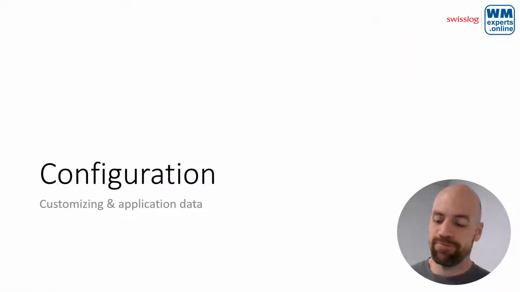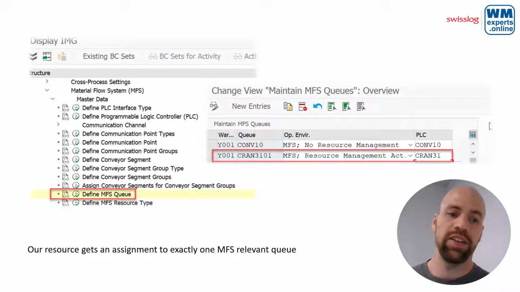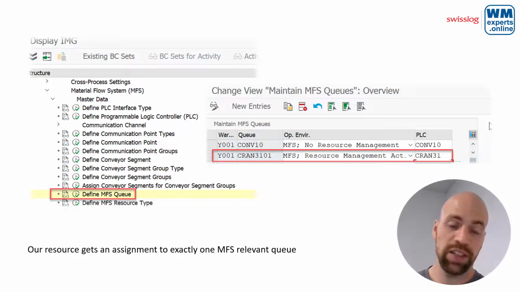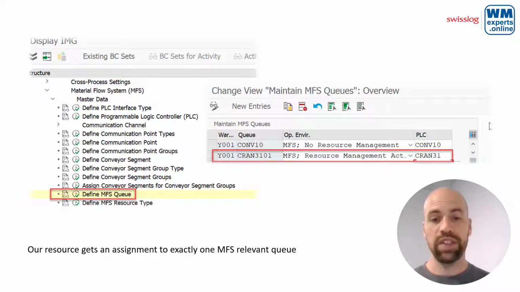In order to understand that, we start looking at the customizing and the application data, and then we will look into the code. So we have a resource type which is activated for task interleaving. In addition to this, we need the MFS queue, and this MFS queue is defined via customizing.